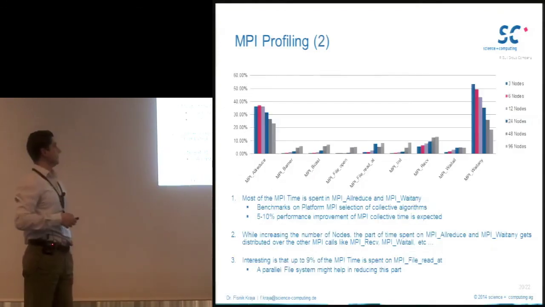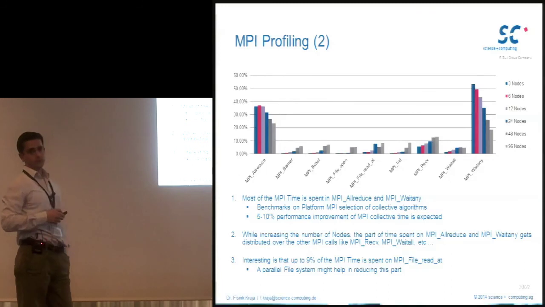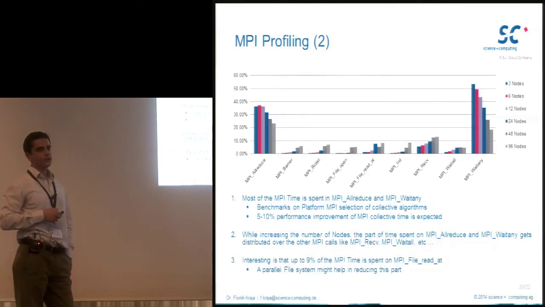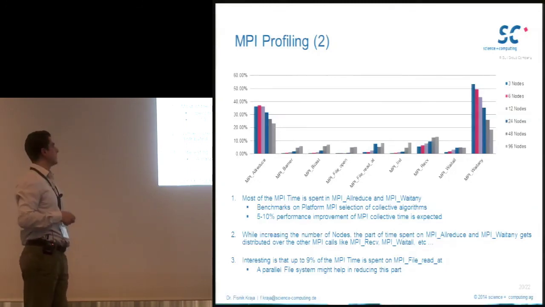What we also analyzed is what kind of MPI calls have been made during the runtime, and we see that most of the time is spent in MPI all reduce and MPI wait any. We see also a tendency that this is going down while increasing the number of nodes, and the other calls are increasing in terms of percentage.